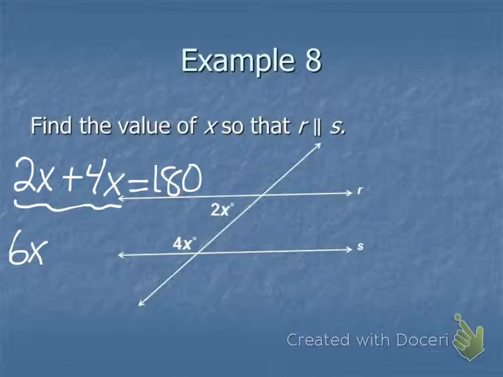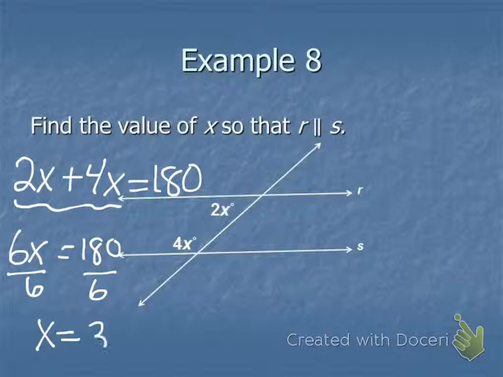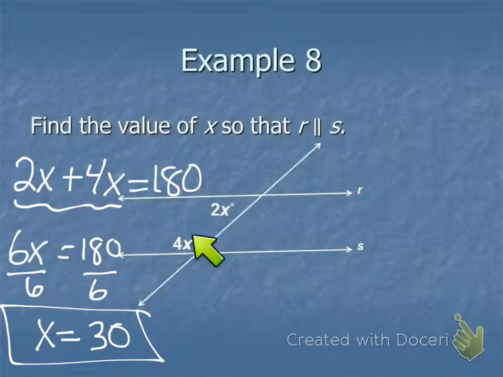Just add them together. Then what? Then you divide by the 6. Good. You can think of 18 divided by 6, that's 3, and then you have that 0. So if x is 30, then these would be supplementary and the lines would be parallel. Questions?